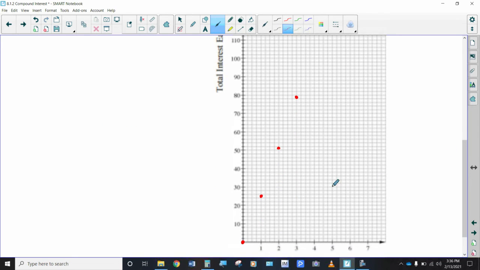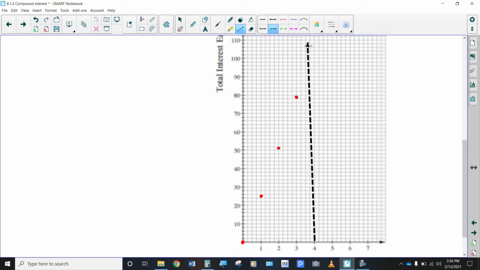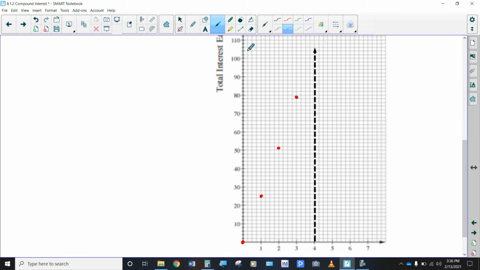So 4 years. Is that it? Oh, this is killing me. Hold on. It's going to go right around there. Okay, that's a much better technique to use. So 2, 4, 6, 8, 107.75 is going to be somewhere around there.